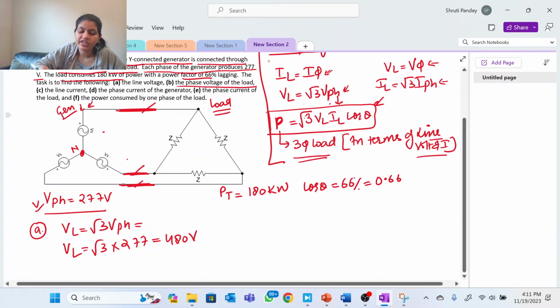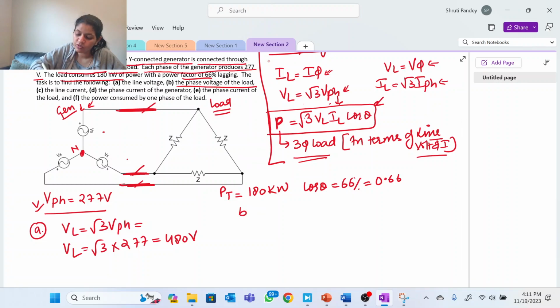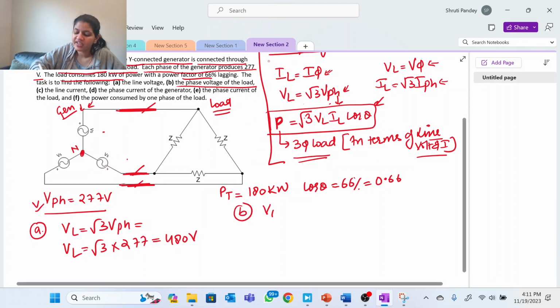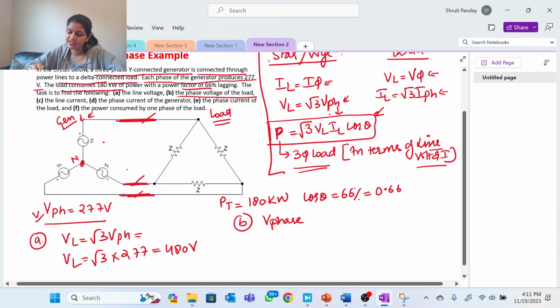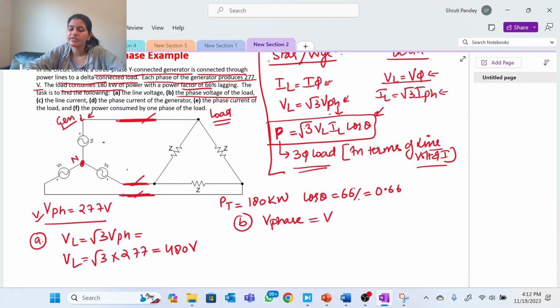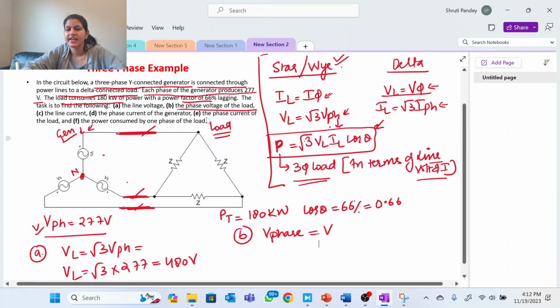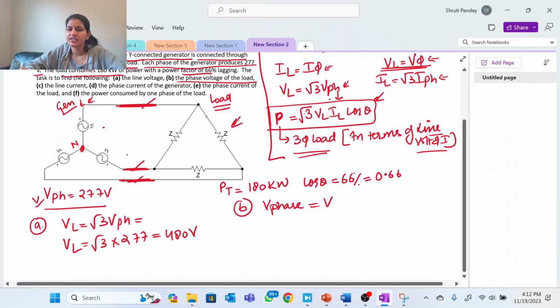Next, what have they asked? The phase voltage of the load. Now they are talking about this side, the load. The phase voltage of the load is equal to V line, because the load is in delta connection, and in delta, V line is equal to V phase.